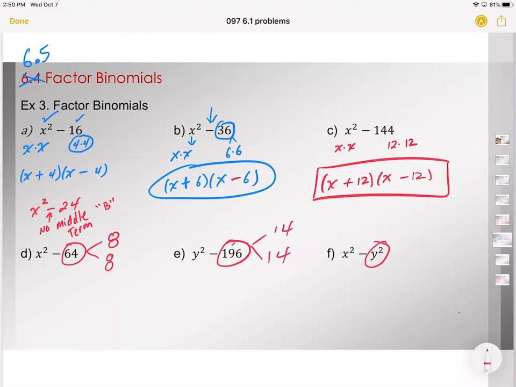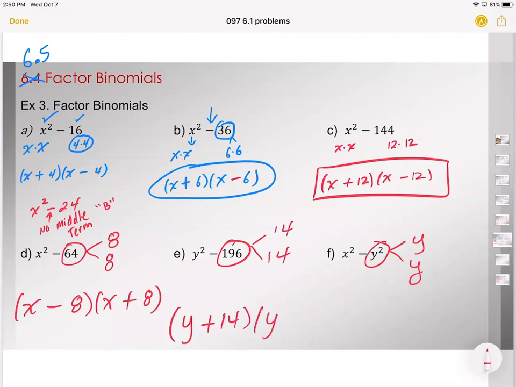And again, what is this item? This is y times y. So if you see that this is a perfect square, all we're saying is x minus 8. If you want to put a minus first, then you have to put a plus at the end. If you see this is y plus 14, if you put the plus first, you have to put a minus at the end.